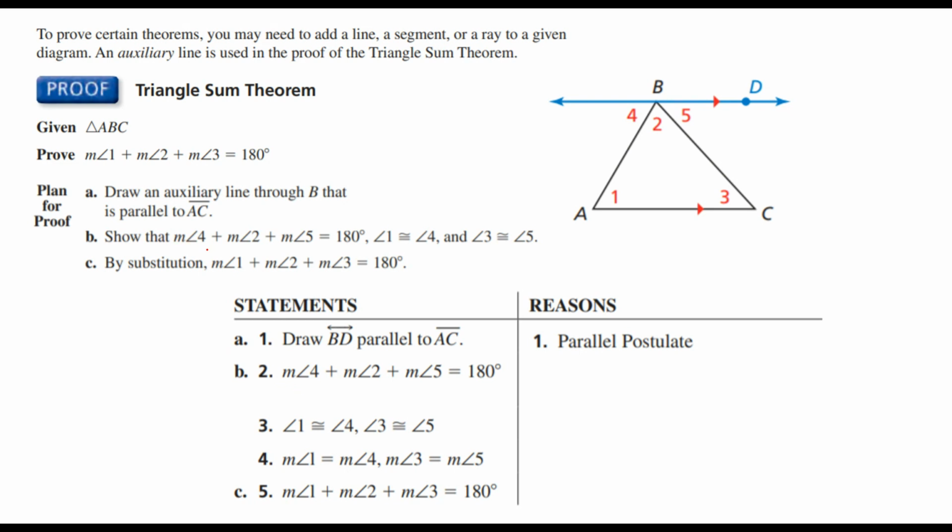We're going to show that the measures of the inside equal 180 degrees by first showing which angles are congruent. So first, we can do the measure of angle 4, 2, and 5. That means this is equal to 180, because of the angle addition postulate, we can add these up to get the total degrees and the definition of a straight angle. This is a straight angle because it's formed on a straight line.